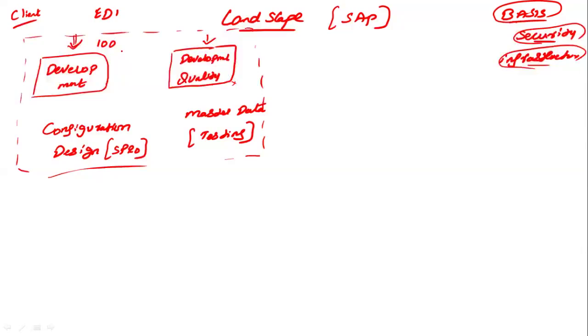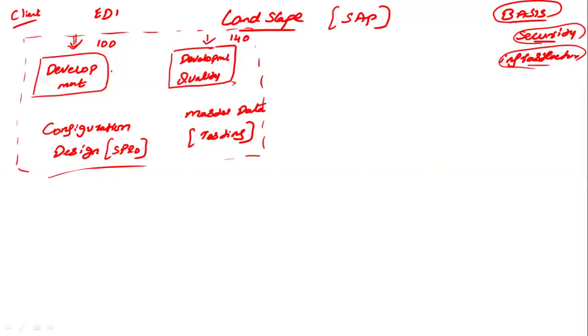When you're moving to development quality, the basis team is going to create one more client called 140, for example. The system is same, but the client is different. When the client is different, what all you do here is not visible here. So how should we make that visible in the system?